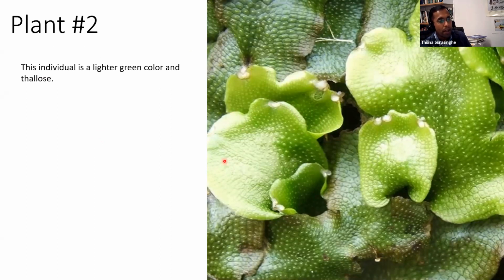It has this green color, a thallus-like appearance, light green in color, thallus-like in its shape, right? And look at this, it has this bifurcation. It divides into two parts. The thallus keeps dividing into two parts.